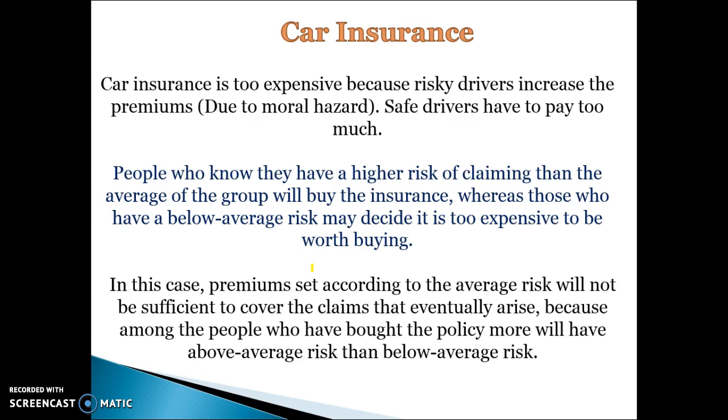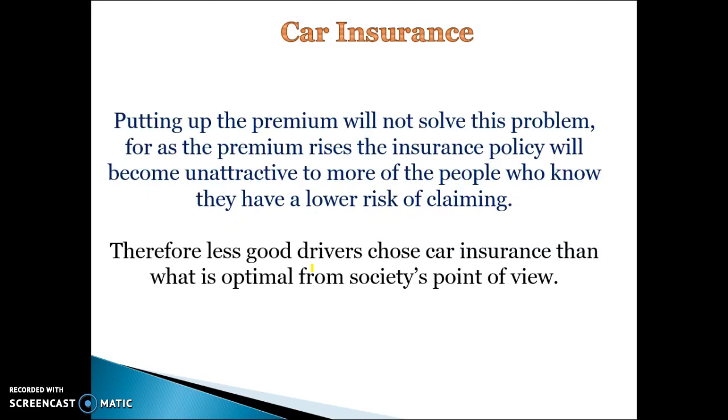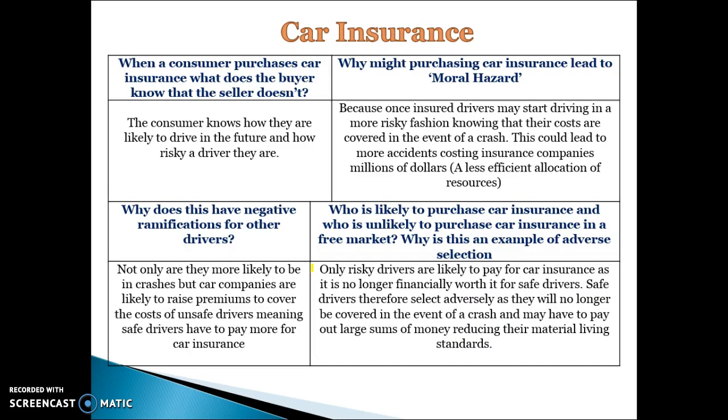In this case, premiums are set according to the average risk, which means that it's only a rational decision for risky drivers to bother getting the insurance. And the problem with that is that safe drivers are not covered when they get into accidents. So putting up the premium does not solve this problem, for as the premium rises, the insurance policy will become even more unattractive to the safe drivers, and therefore less safe drivers will essentially be the ones who want car insurance.